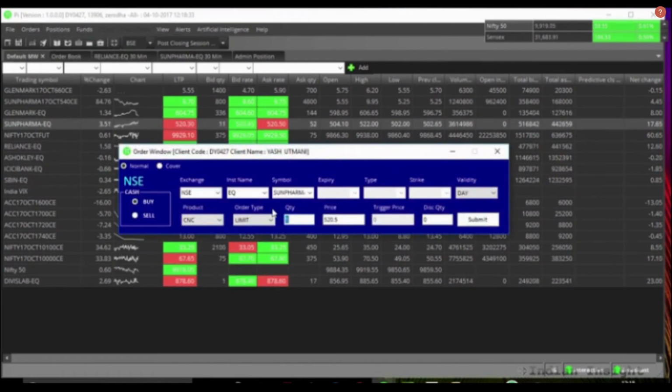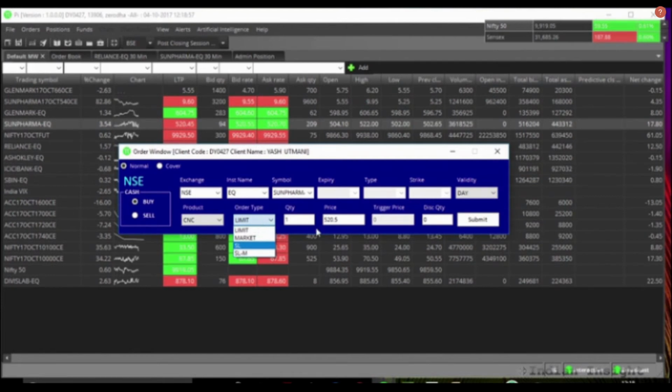In case of a simple buy order, you just select the exchange, the product type, and select the symbol of the security. In this case, it is Sun Pharma, because I have selected this on my market screen here. You mention the order type. It may be a limit order, a market order, a stop loss order, or a stop loss market order. Now I assume you know these basic order types.